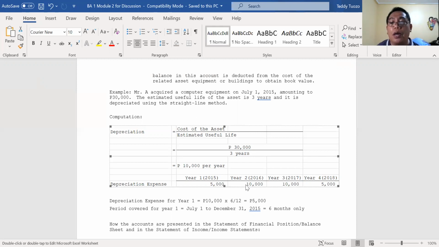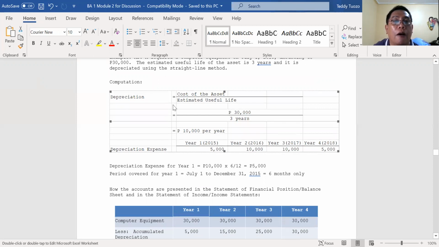And year 4, in 2018, which is the last part of the life of the asset, is only January to June, which is 6 months. That's why it is also only 5,000, half of the 10,000 annual depreciation.